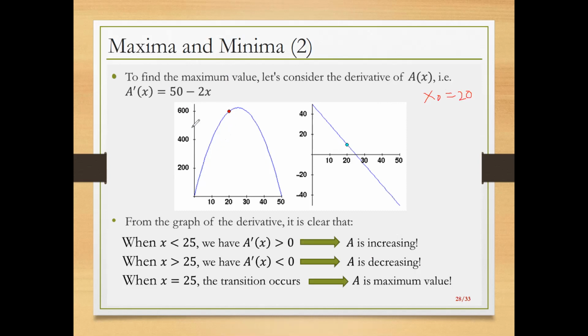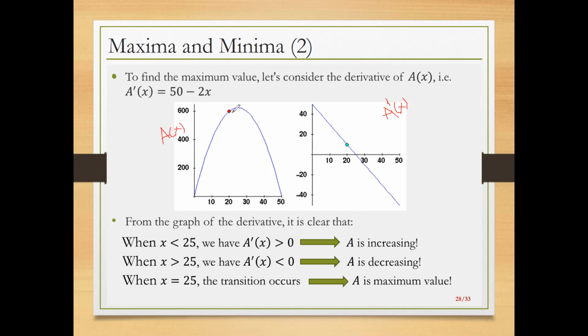So this is the graph for A(x), the area that we want to maximize, and this is the derivative, that means this is A prime of x, the first derivative of the function A.